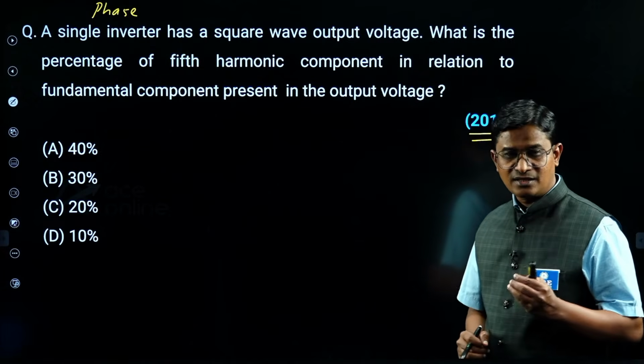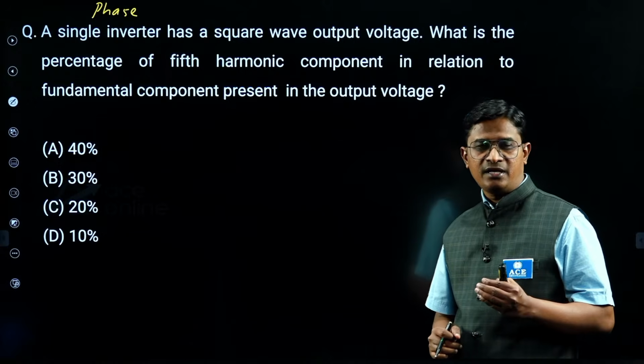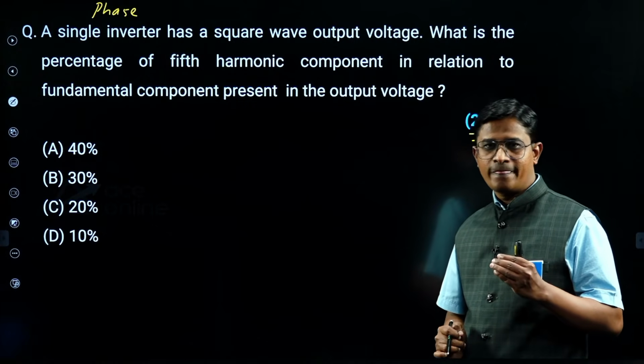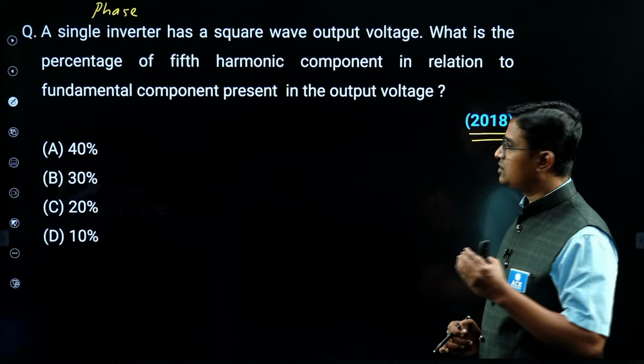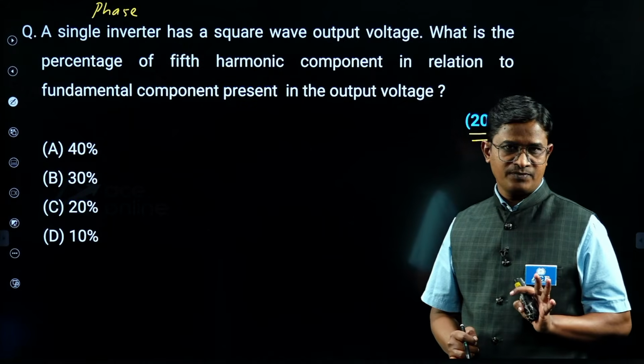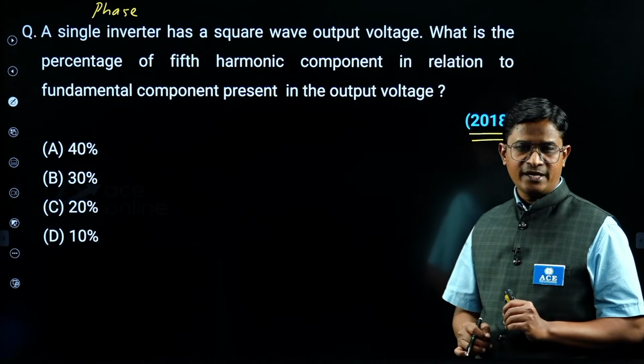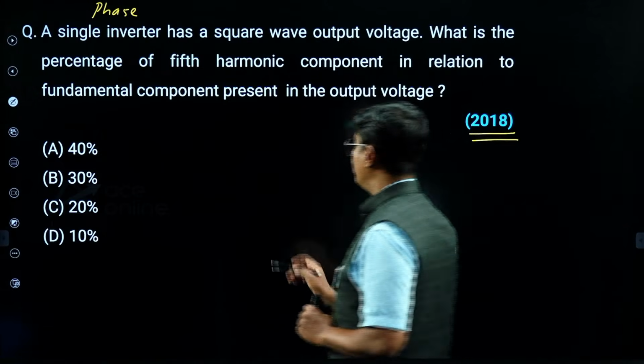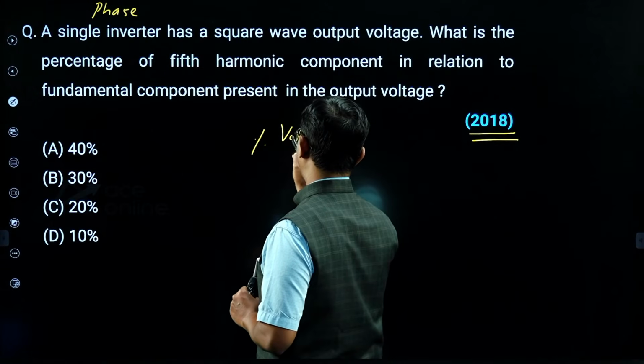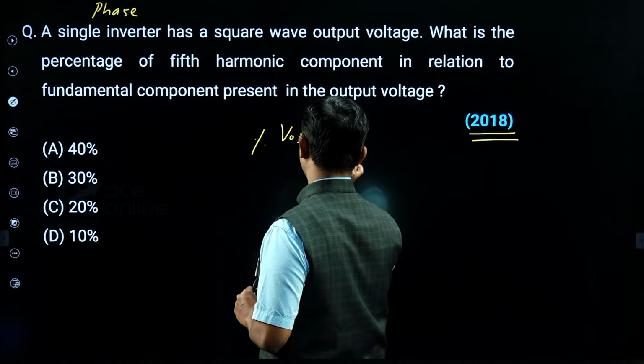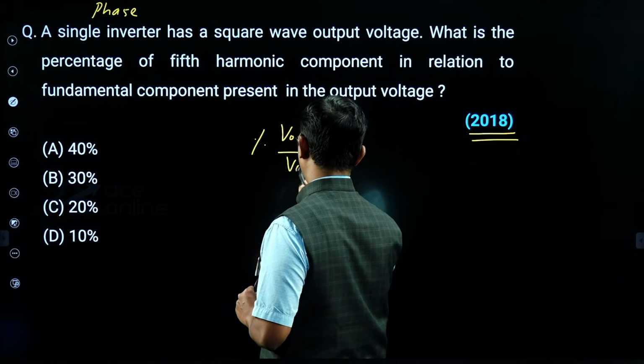They are asking the percent ratio of V0 5 RMS to the V0 1 RMS for square wave output.